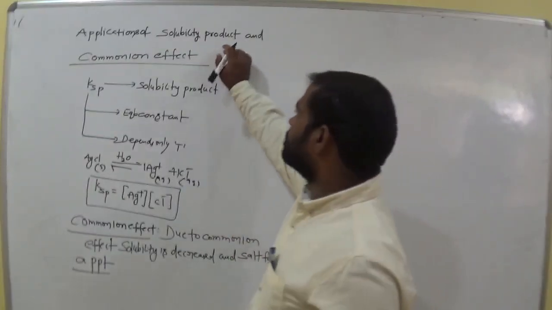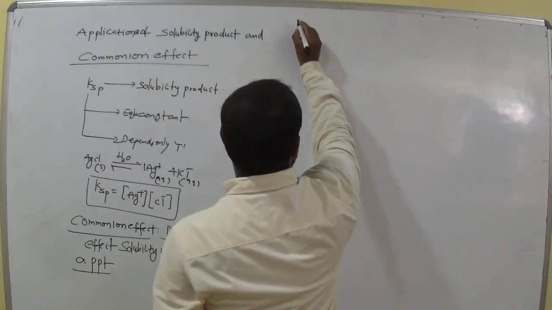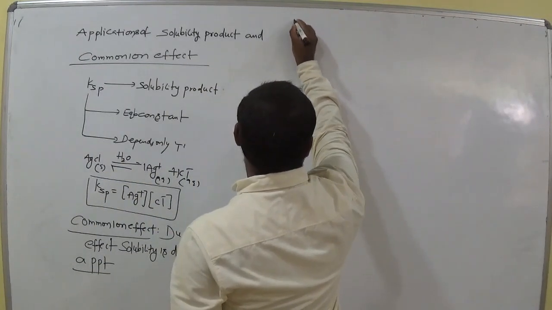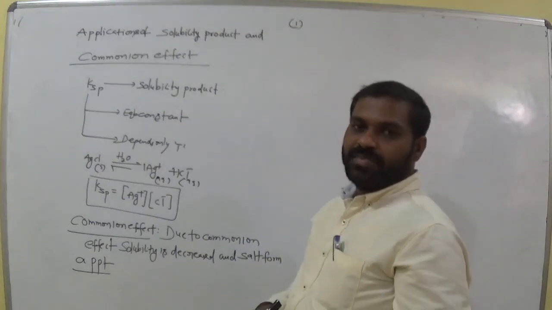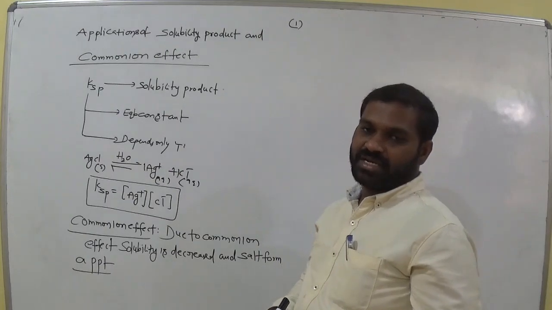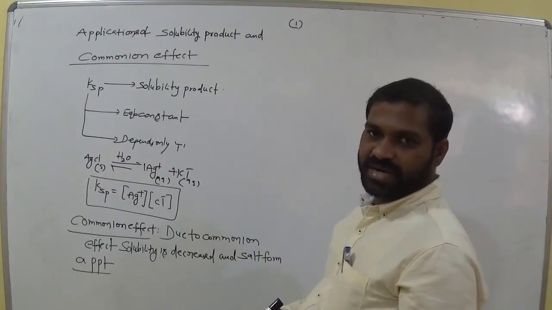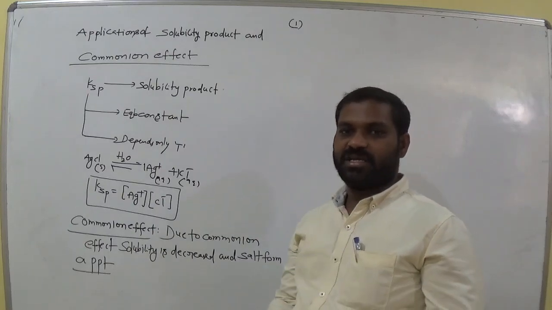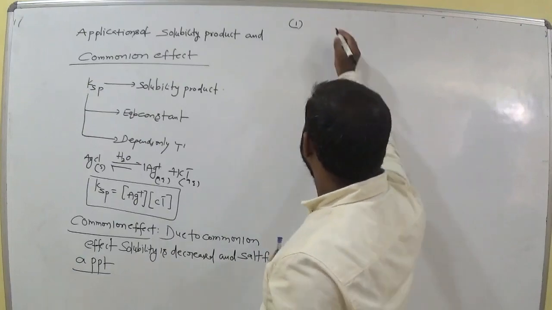Now applications of solubility product and common ion effect. The first point in the applications: predict the possibility of precipitation. Am I right? So now we can analyze how much precipitation is formed.